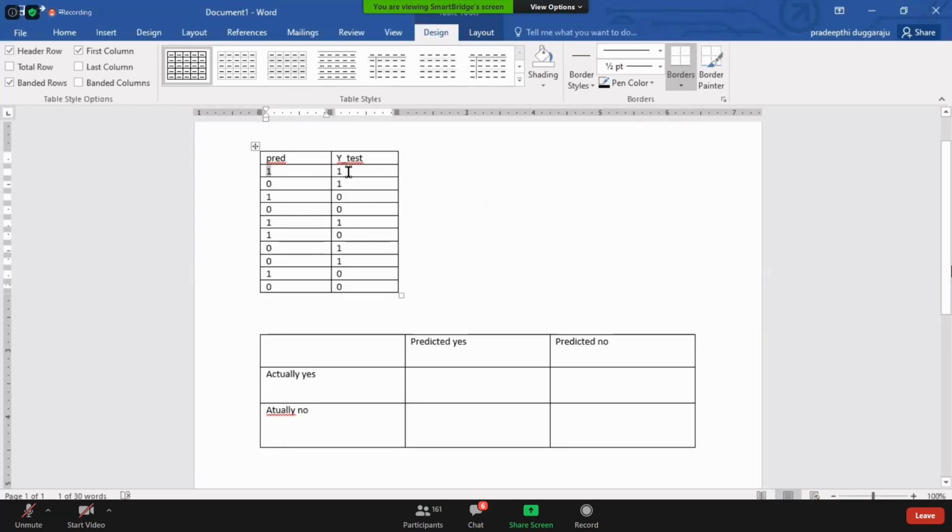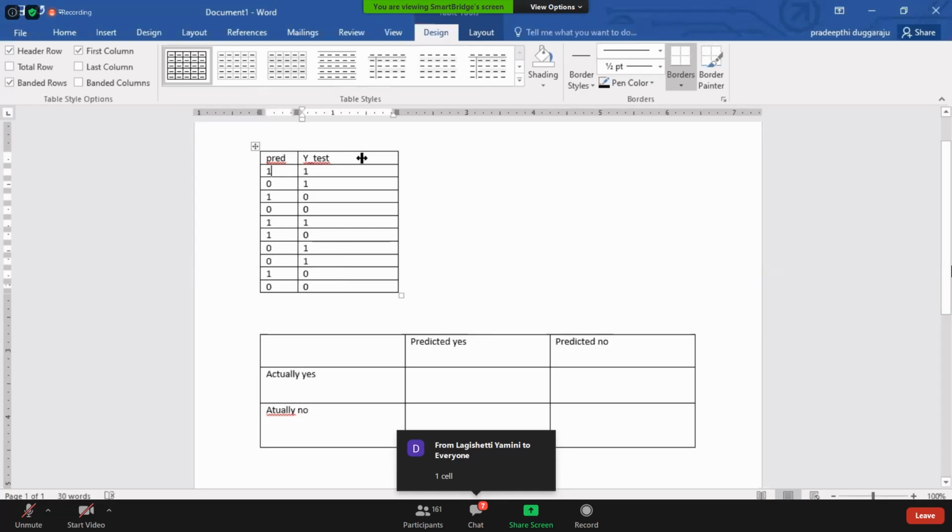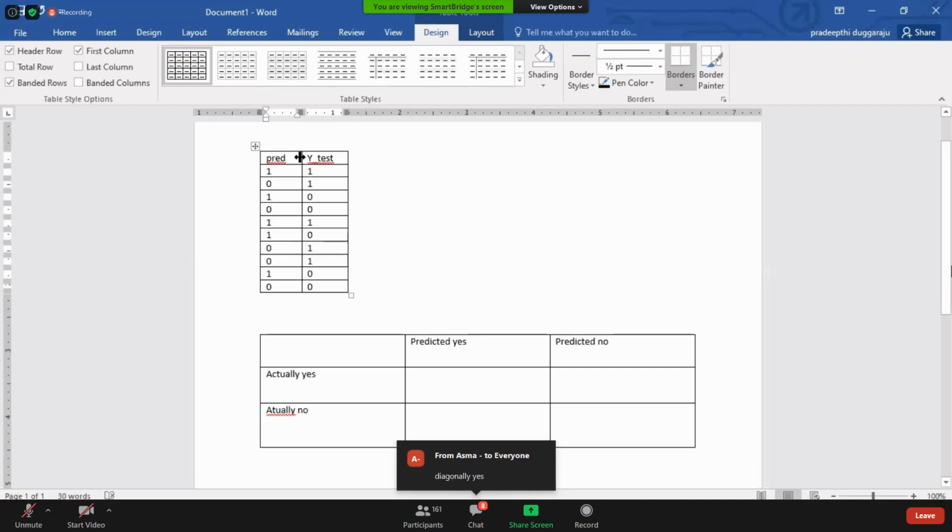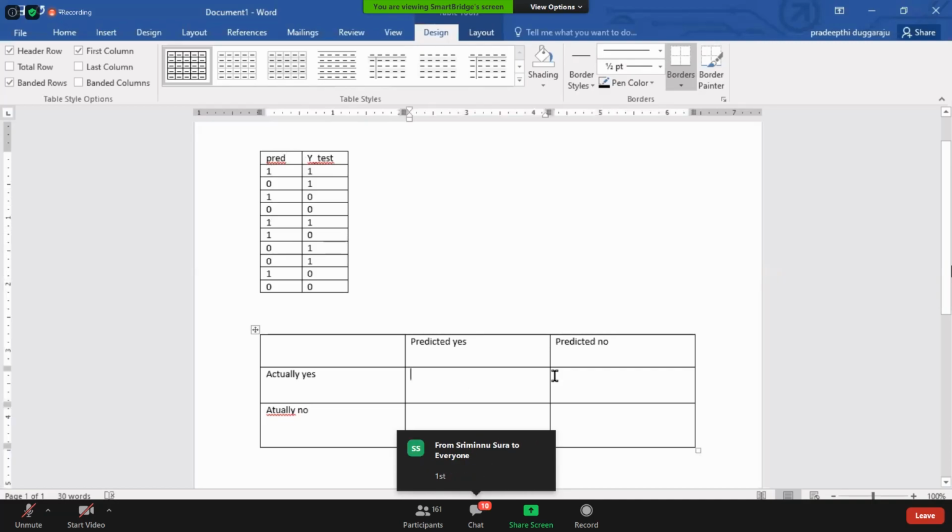So where am I supposed to put this number? Whether this is in the first cell or second cell or third cell or fourth cell. That is in the first cell. So, yes, 1.